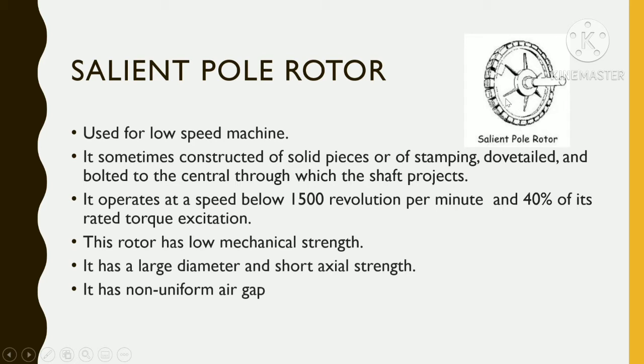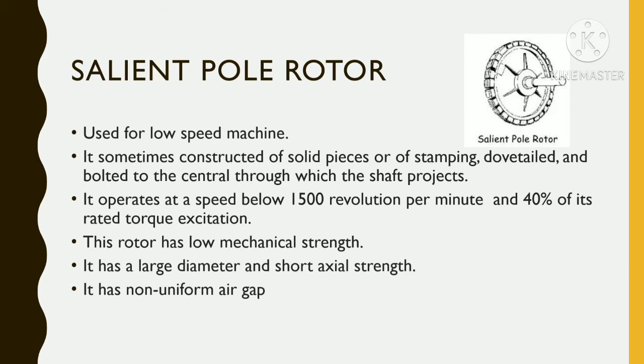Yung diameter niya is large. So, yan na yung salient pole rotor. Additional lang, it has a non-uniform air gap. Pag sinabi daw na non-uniform air gap, medyo noisy daw yung machine. Yun lang yung salient pole rotor.